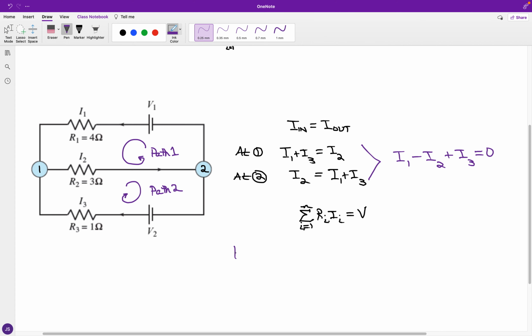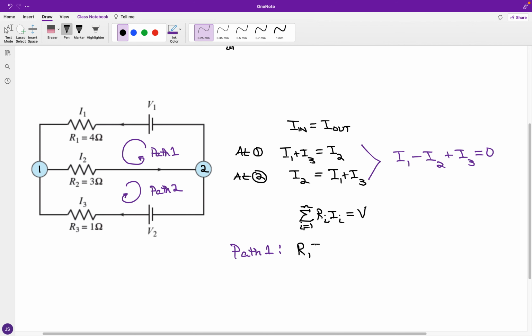For the case of path 1, or the top half of this electrical system, you have R1 and I1, plus R2 and I2, and that's equal to V1.